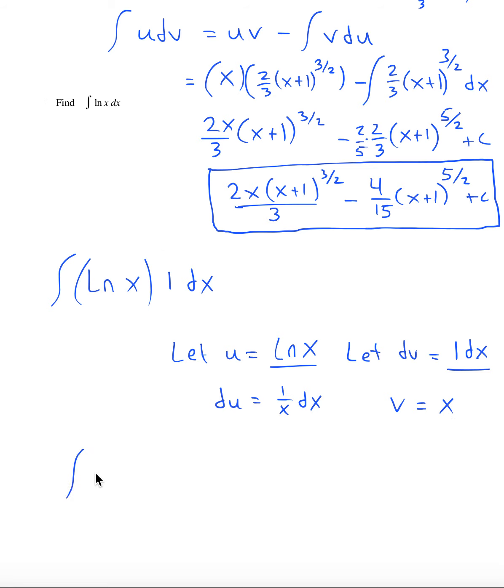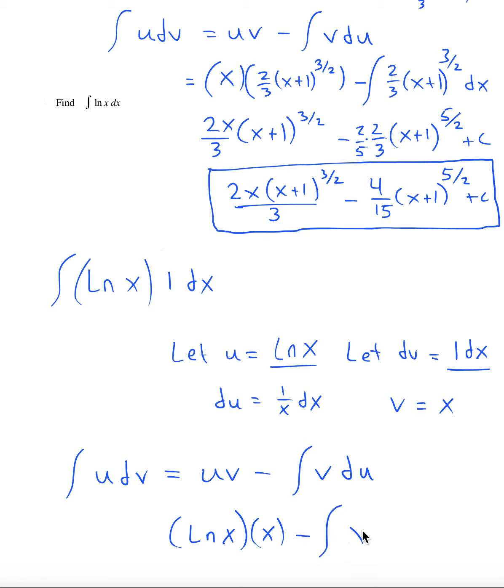Now let's write out the formula. And we'll plug the different things into their positions and see if we can finally solve. So u is ln x, v is x.